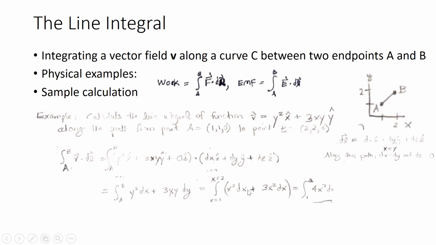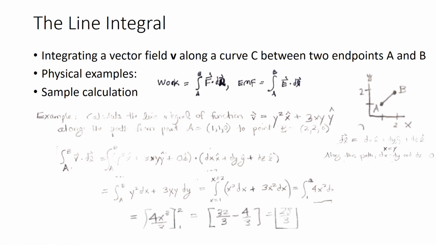And we can substitute x for y, again, since x is equal to y, and dx for dy. And so we get the integral from x equals 1 to x equals 2 of x squared plus 3x squared dx, or 4x squared dx, which is something we know how to do.